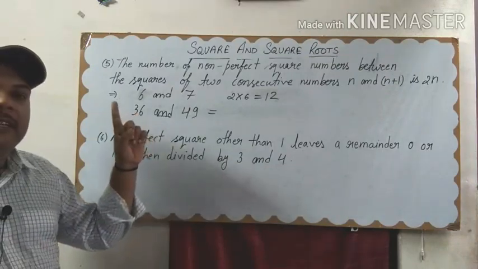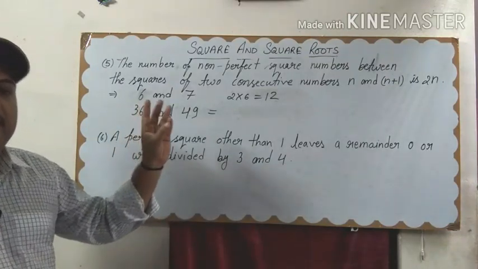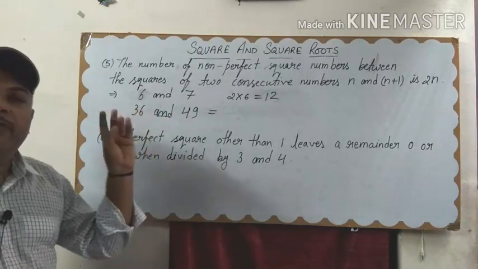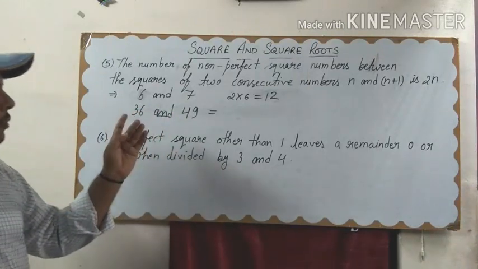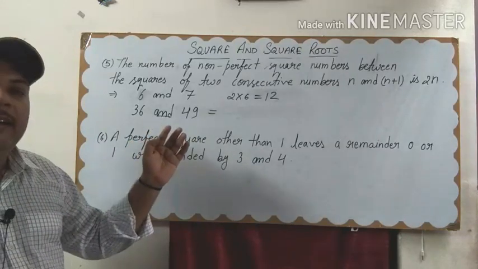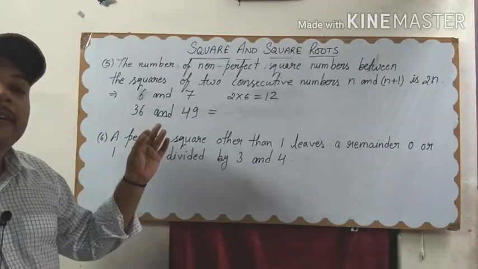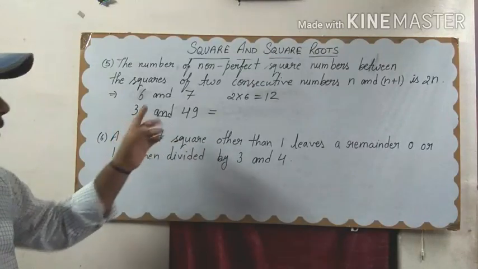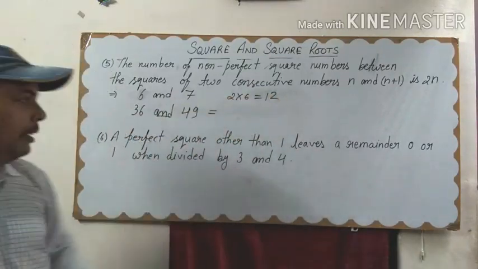So count after 36: 37, 38, 39, 40, 41, 42, 43, 44, 45, 46, 47 and 48. So how many numbers are there? 12 numbers are there. Clear?